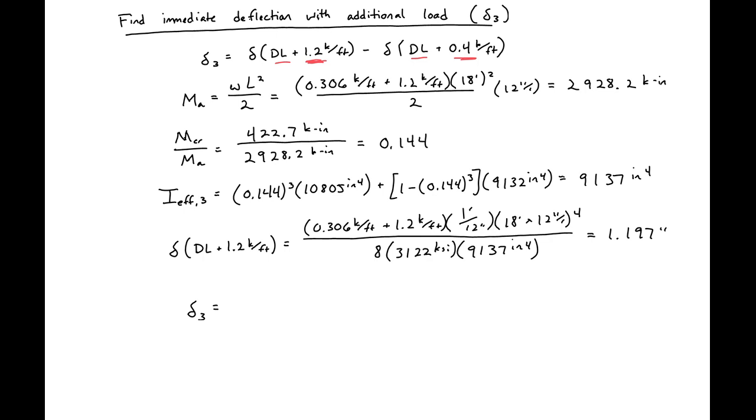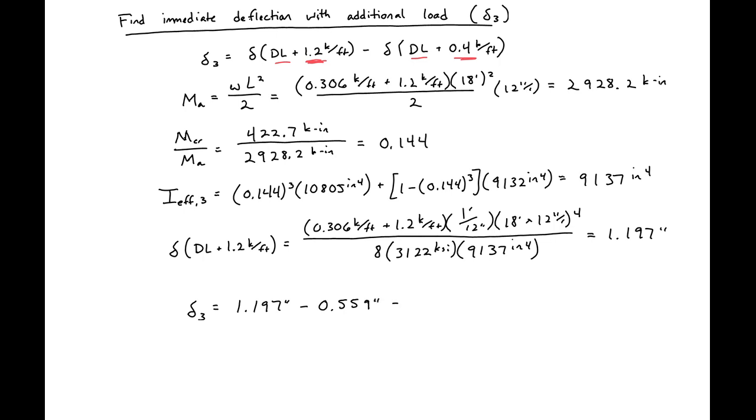Our delta 3 then, or the deflection due to just the additional load, will be this deflection that we found, 1.197 inches, minus the immediate deflection caused by the dead load and the sustained portion of the live load, which we found to be 0.559 inches.